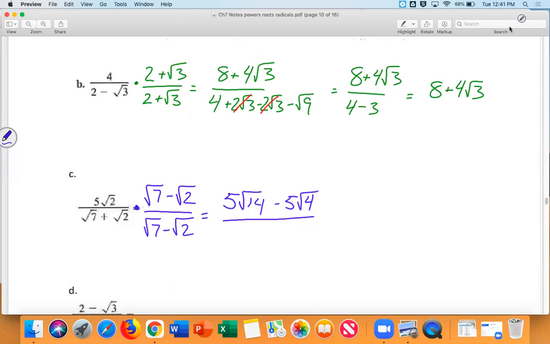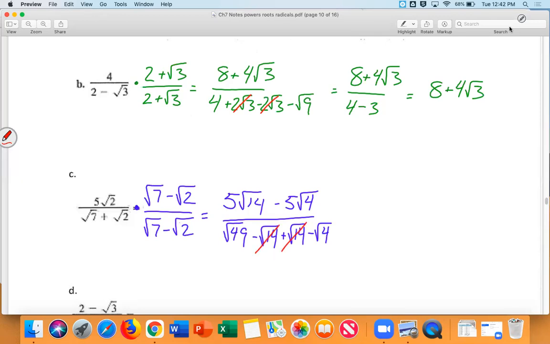Root 7 times root 7 is gonna be root 49. Root 7 times negative root 2 is negative root 14. Positive 2 times root 7 is positive root 14. And positive root 2 times negative root 2 is negative root 4. Here, this cancels with this.